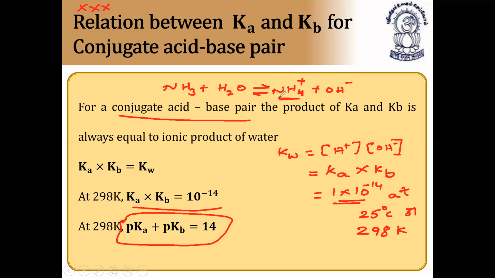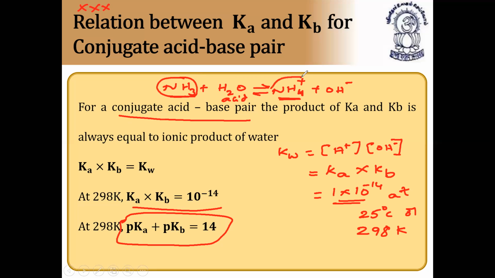In this, ammonium ion and ammonia are called a conjugate acid base pair, because ammonia is a base, as it is accepting H plus ions from water, and water is an acid because it is donating H plus ions. So here water is the acid and ammonia is the base, and this gives the conjugate acid and conjugate base. So the conjugate acid base pair is nothing but ammonium ions and ammonia.